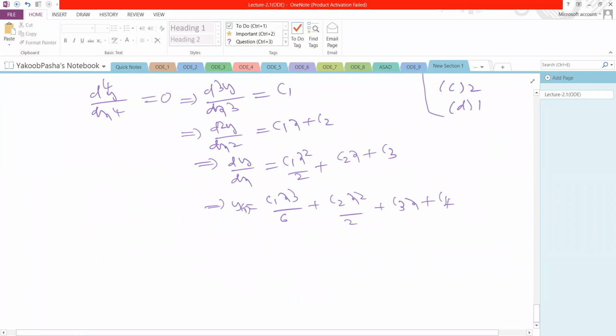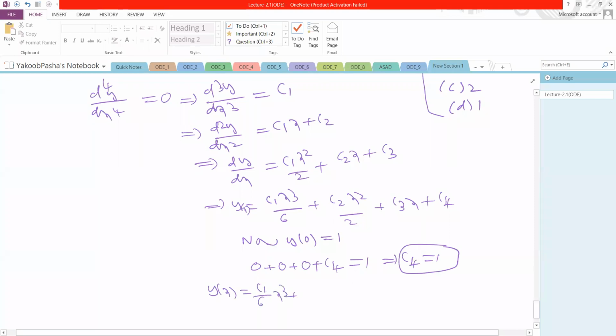Here y means y of x. We are given the boundary condition y of 0 is equal to 1. Replacing x by 0, the first term is 0, the second term 0, the third term 0, plus c4 is equal to 1. That is, c4 is equal to 1. Substituting the c4 value, we get y of x is equal to c1 by 6 x cube plus c2 by 2 x square plus c3 x plus 1.